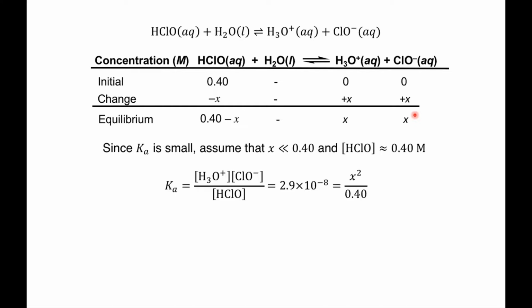So Ka is then equal to the H3O plus concentration times the concentration of our hypochlorite anions divided by our hypochlorous acid concentration, which is equal to 2.9 times 10 to the minus 8, which is equal to x squared over 0.40. So then we can rearrange that to get the concentration of hypochlorous acid which is dissociated. So the amount of dissociated hypochlorous acid is going to be 1.1 times 10 to the minus 4 molar.